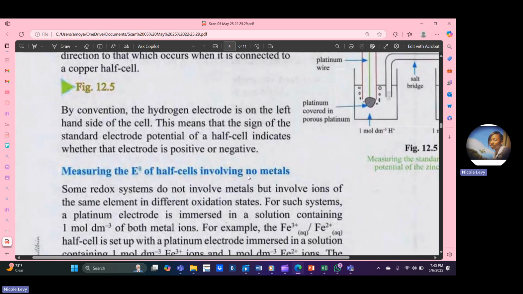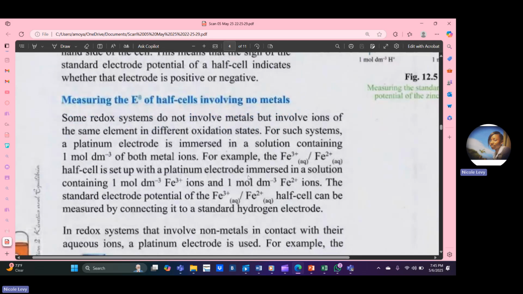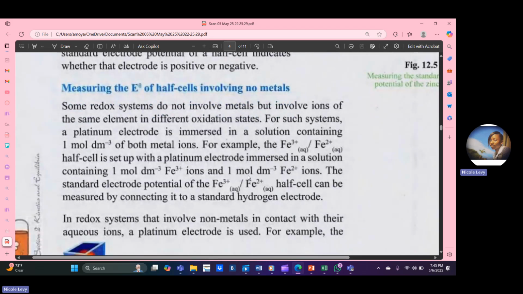All right, so let's go down to measuring E naught or E cell of half cells involving no metal. Some redox systems do not involve metals, but involve ions of the same element in different oxidation states. For such systems, a platinum electrode is immersed in a solution containing 1 mole per dm cube of both metal ions.